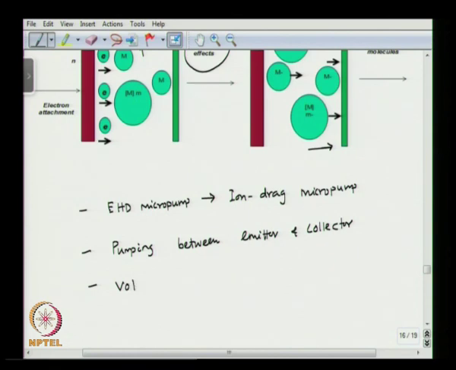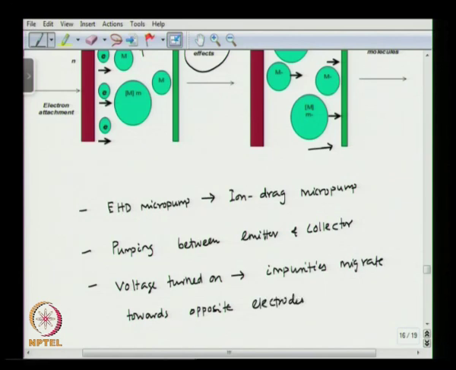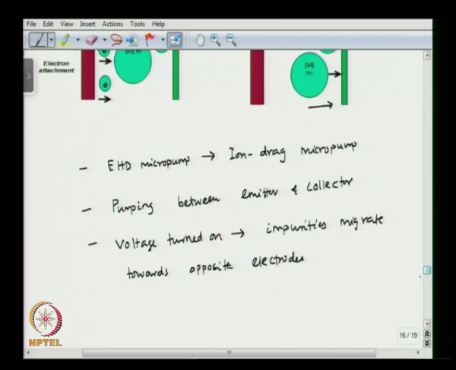When voltage is turned on, the impurities migrate towards the opposite electrodes, and this is going to be a short process.